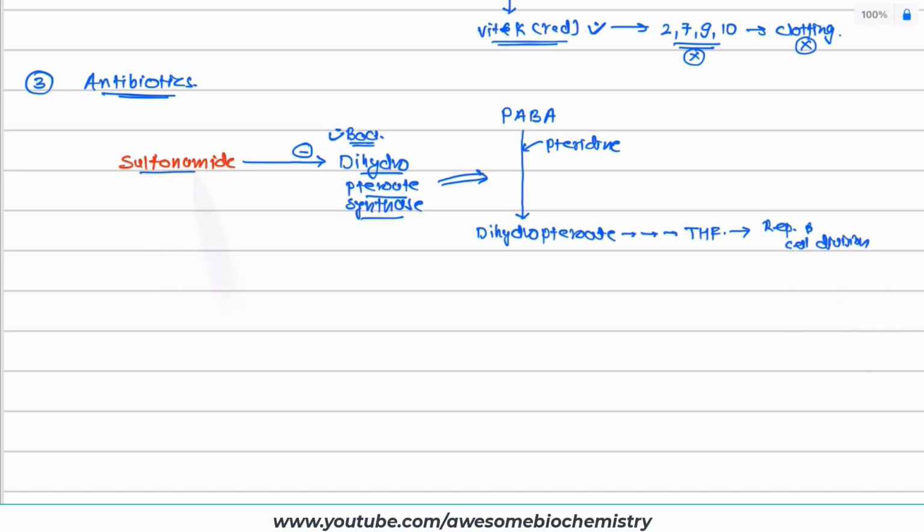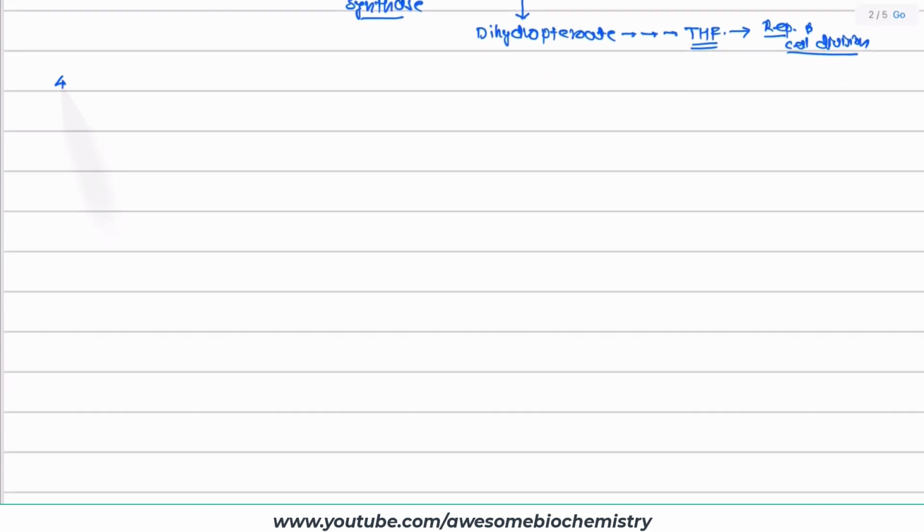Now this sulfonamide group of drugs is a structural analog of this para-aminobenzoic acid, right? So it competitively inhibits this dihydropteroate synthase, and so bacteria will not be able to synthesize tetrahydrofolate, and by inhibiting this enzyme we can inhibit replication and cell division of the bacteria. So it will help us in the control of bacterial infection. The next example is of the anti-hyperlipidemic drug.